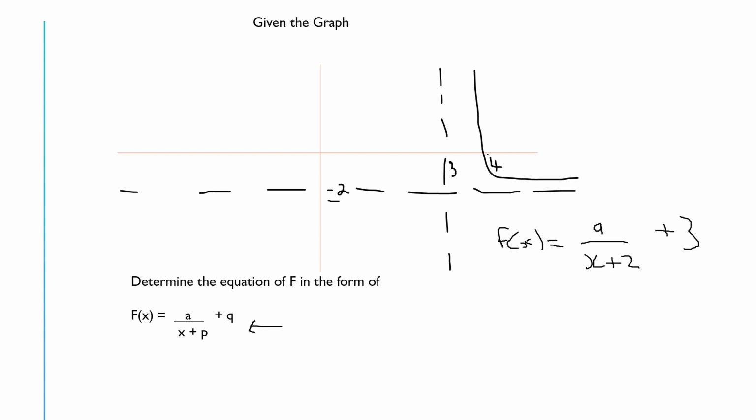Now that's fine, but remember, we're not done. We need to find the value of a, because the equation must have everything written down. So to find the value of a, you must always use the other point on the graph. So you need to look at the graph and see, do I have another coordinate?